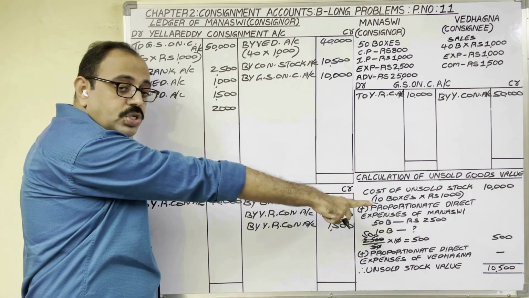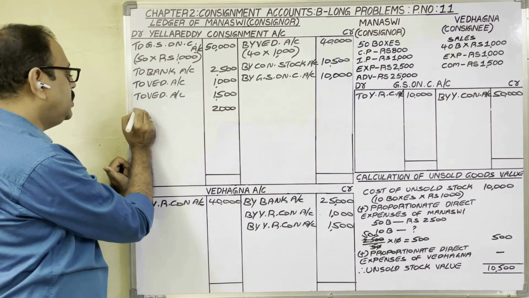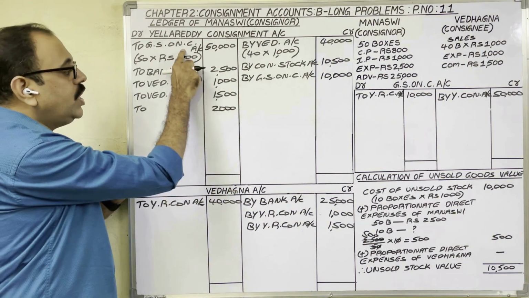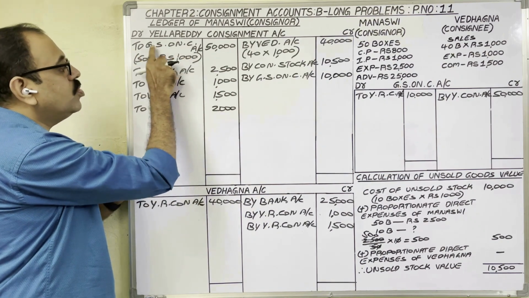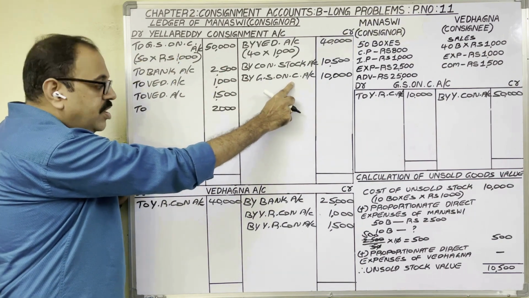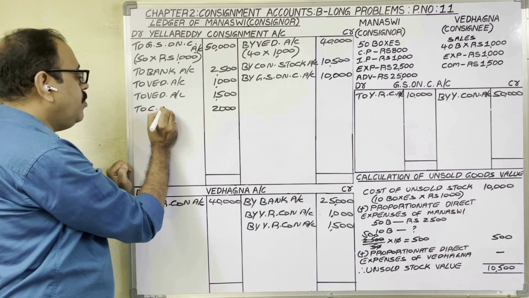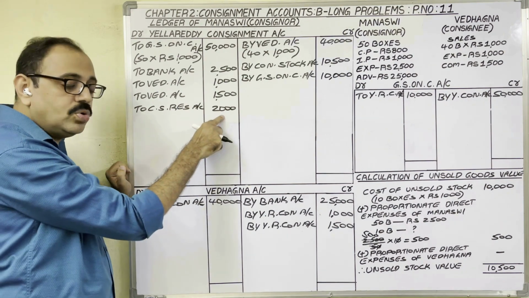So the actual unsold stock should be 8,500 only. For this 2,000, what to write? Don't write the consignment stock word, so don't apply this rule here. Here we wrote the same name, goods sent on consignment, but here you should write to consignment stock reserve account. And how does this 2,000 come?